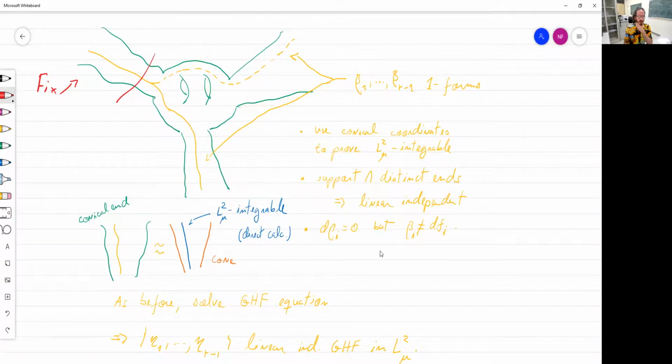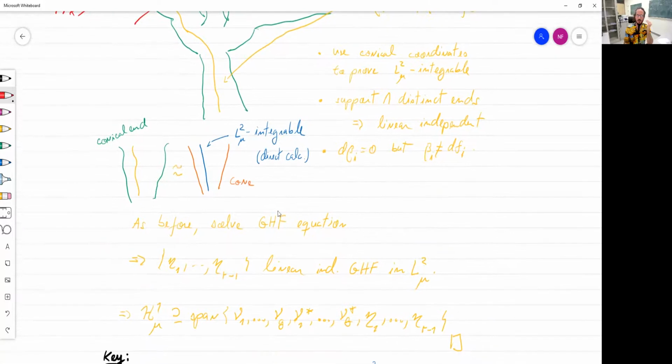And here is where we use that the ends are conical. The idea is that we construct these curves at infinity near the ends using conical coordinates, like in this picture here. So in the cone, they have finite L2 mu norm. This is a direct calculation.